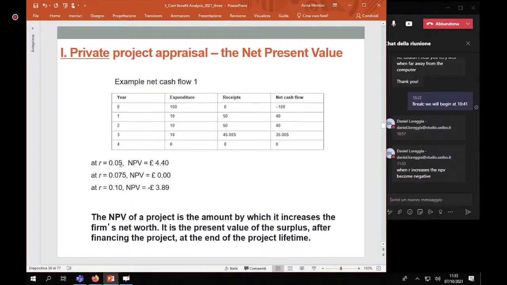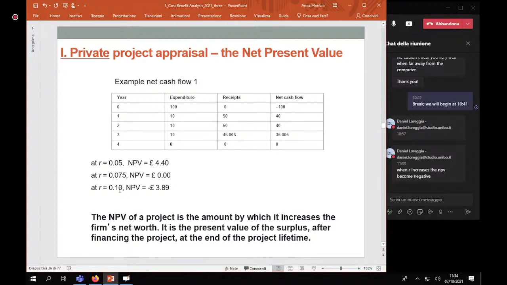If you choose the lowest discount rate, you will have a net present value that is positive. So it seems that the project is a good project.